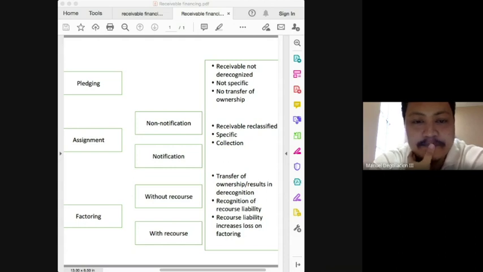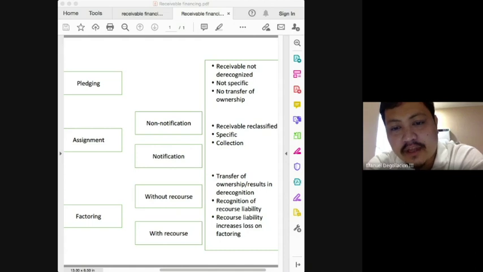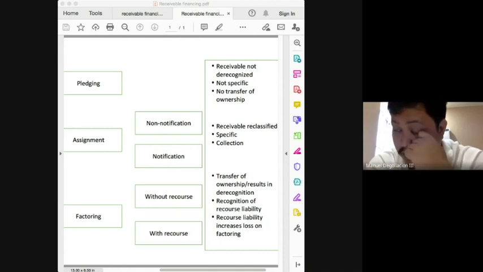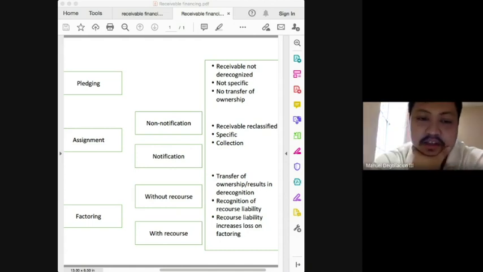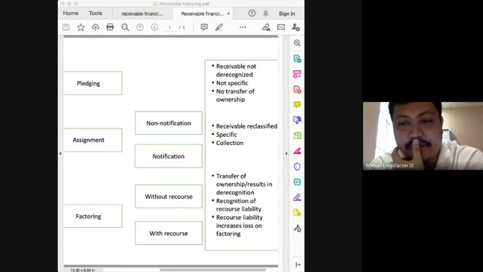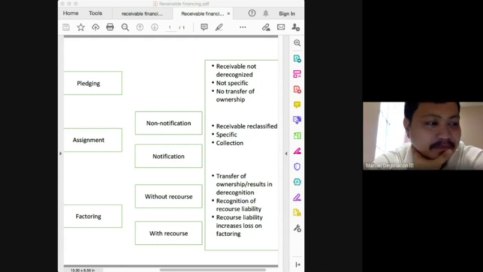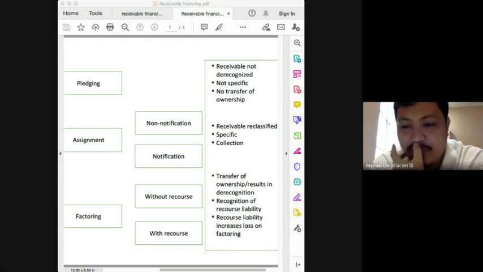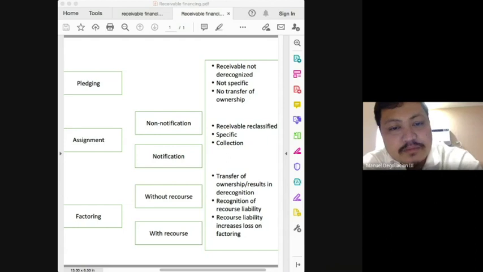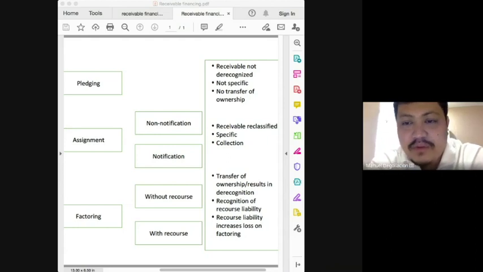Of course, the burden or the hassle is now with us. But again, we are willing to go through that because of the chance of getting more out of our receivables. I hope you understand that the amount that we'll be able to get from our receivables under a with recourse arrangement would be higher compared to a factoring without recourse.